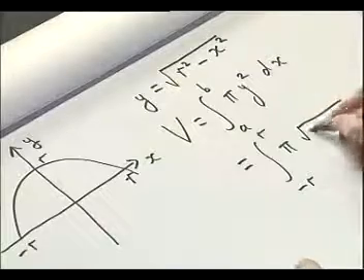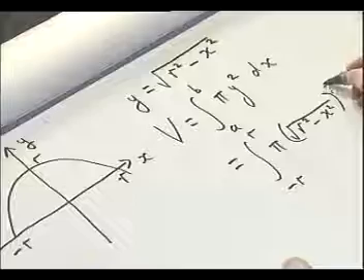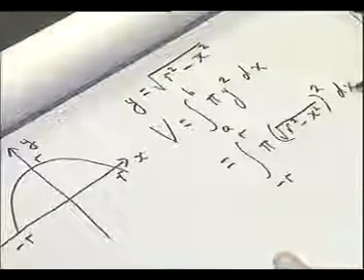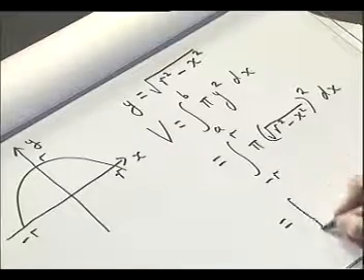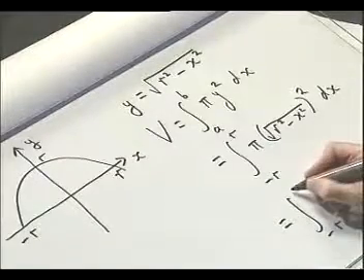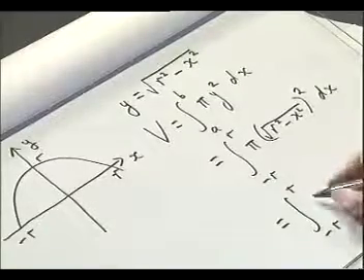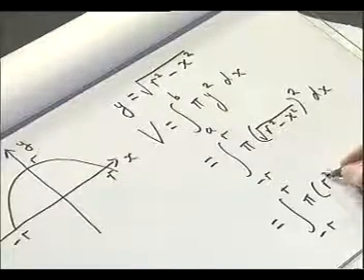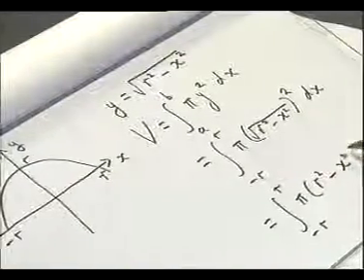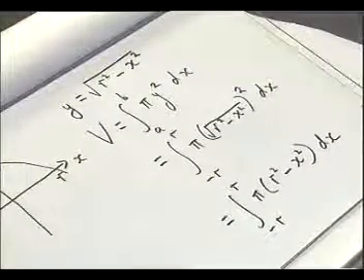So that's the square root of r squared minus x squared, and we need to square it, integrated with respect to x. So we take the integral between minus r and r of pi, we do this squaring, and that's r squared minus x squared, integrated with respect to x.